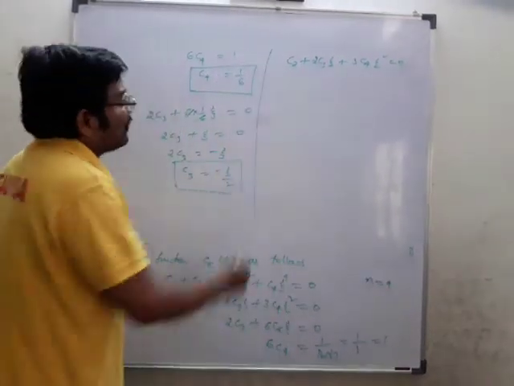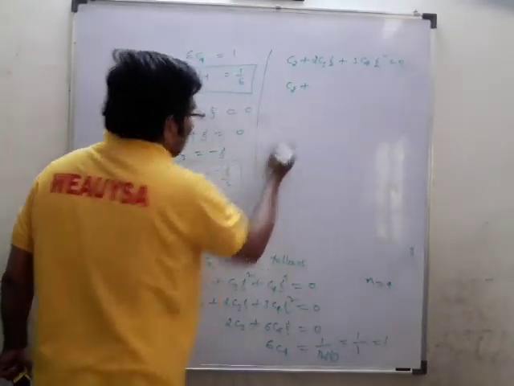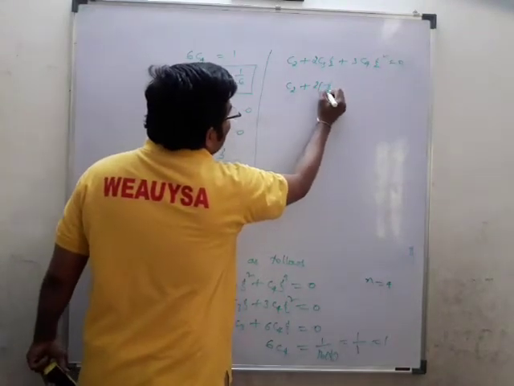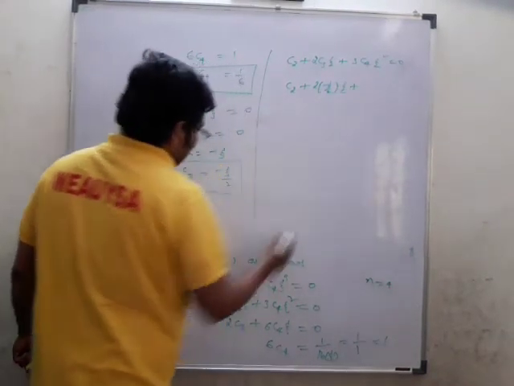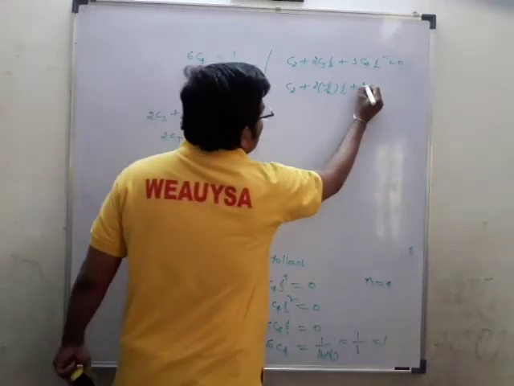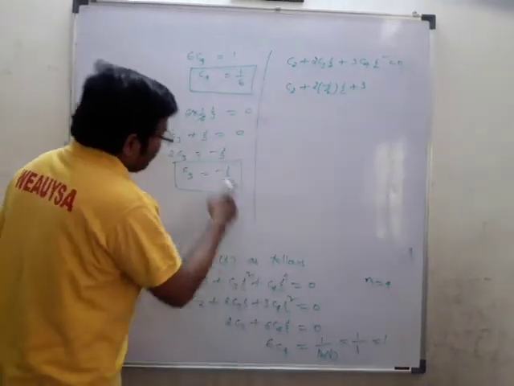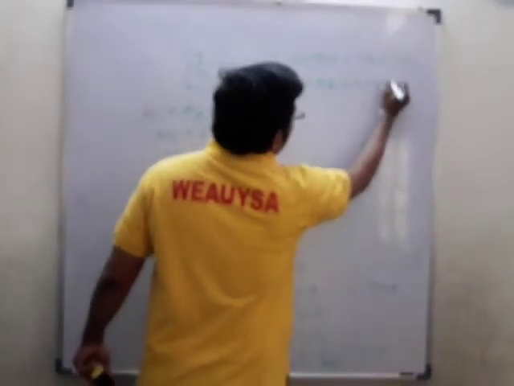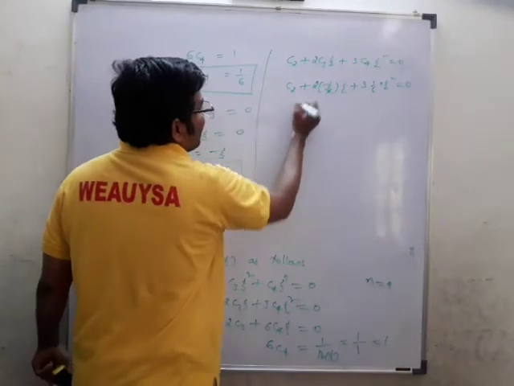So I should get C2. I'll write the same thing: 2C3, where the C3 value is minus xi by 2, times xi, plus 3 C4, where C4 is 1 by 6, times xi square, equal to 0. So this 2 gets cancelled.